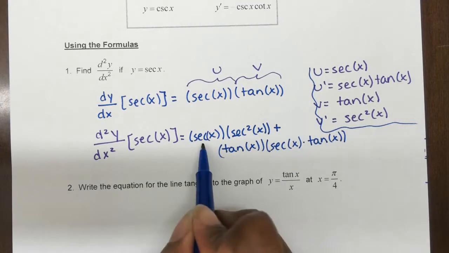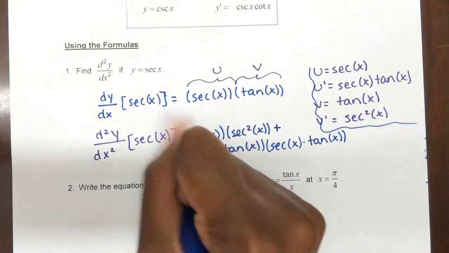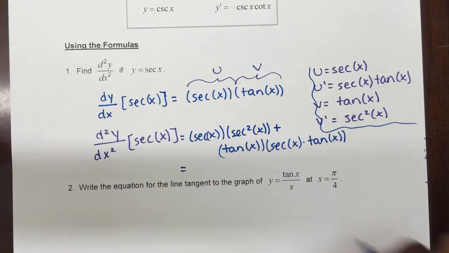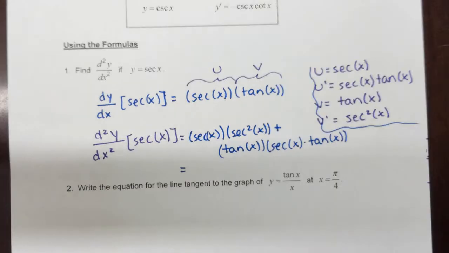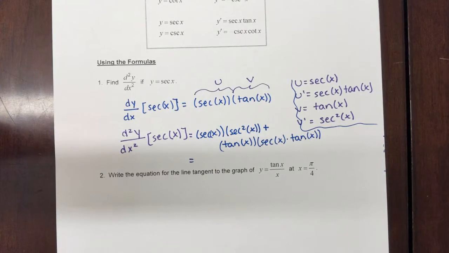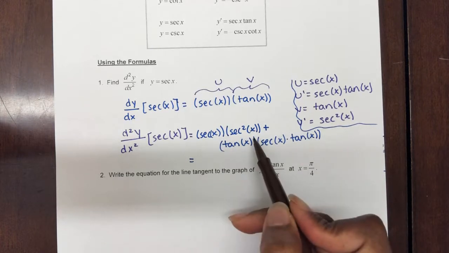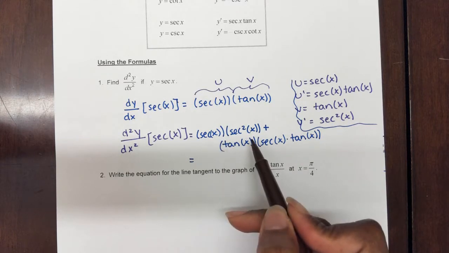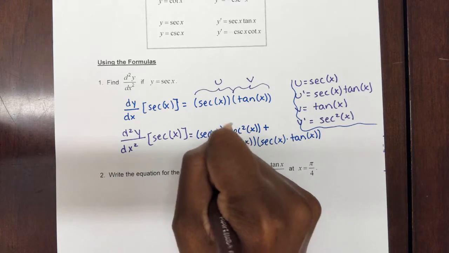And when we simplify this, secant times secant squared gives us secant cubed.